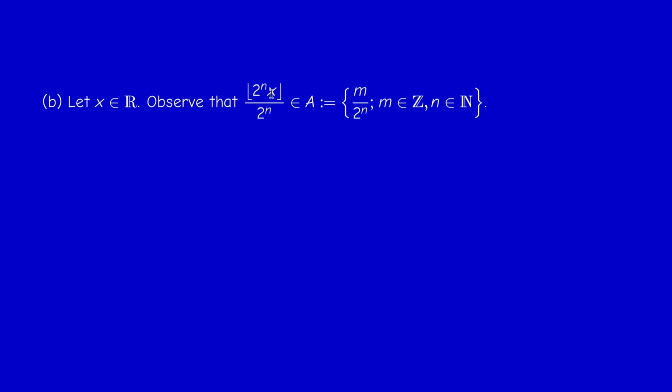Because it's of the form of a relative integer over 2^n, for any n. By the previous question, this sequence converges to x. So we found a sequence in A converging to x. By proposition 1.6, x belongs to A bar. So as usual, A bar is equal to R because we have a double inclusion.